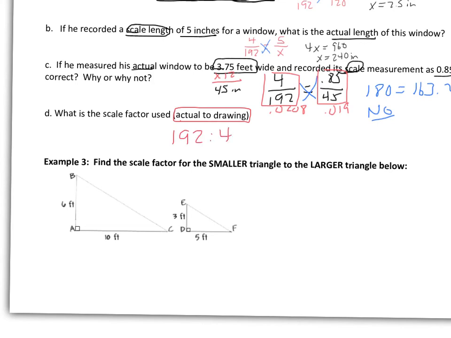Now, when we say scale, we typically want to simplify, though, as we talked about with bagels and so on. So if we do that, we can simplify that down to 48 to 1. And that can be written as 48 over 1 or just 48 to 1. Either one is fine. And I would say a scale factor then is the same as a ratio. And this ends section 3 scale factor on example 2.